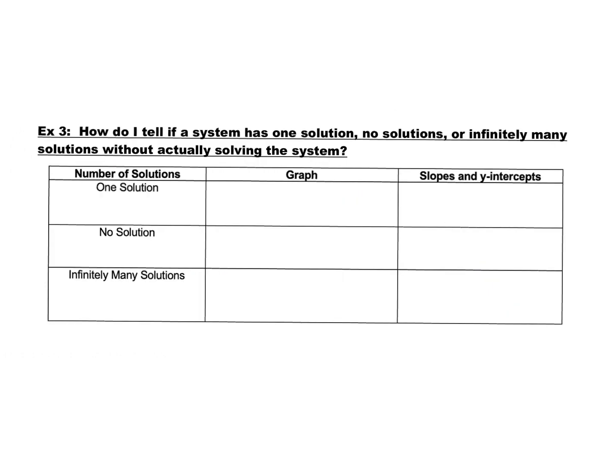So how do I tell if a system has one solution, no solution, or infinitely many solutions without actually solving the system? So remember back when we found the one solution that we had said that it's where the two lines intersect on the graph. So on a graph, when we had graphed the ones with one solution, they came together at a point. And these are all the ones that we did in the first sections of this chapter.